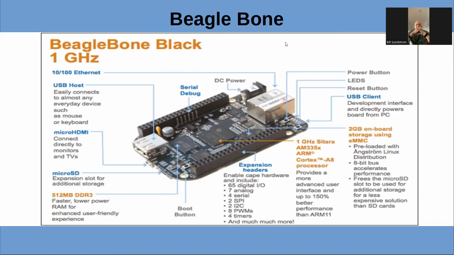Then we have the BeagleBone family, which I was more familiar with. Use these to do CNC controllers. And this is essentially a single board computer. The basic difference is it's more oriented towards hardware control, and it's a multiprocessor. It has two real-time programmable processor units that run at 200 megahertz, independent of the main processor. So those can be set up to generate waveforms.